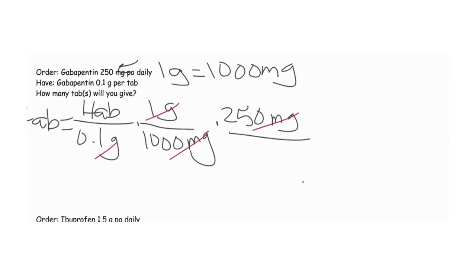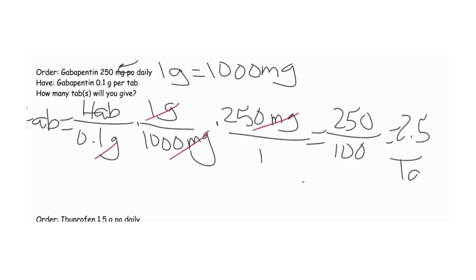Now we are able to solve. 1 times 1 is 1. 1 times 250 is 250. 0.1 times 1,000 times 1, right, is 100. And when we divide 250 divided by 100, we get 2.5 tabs. All right.